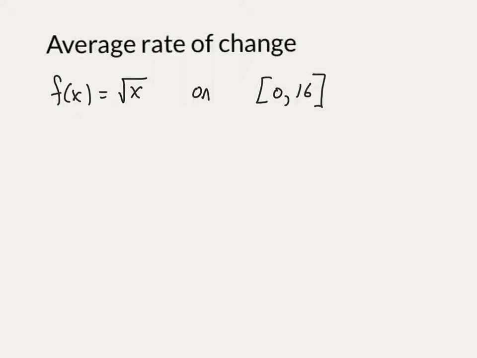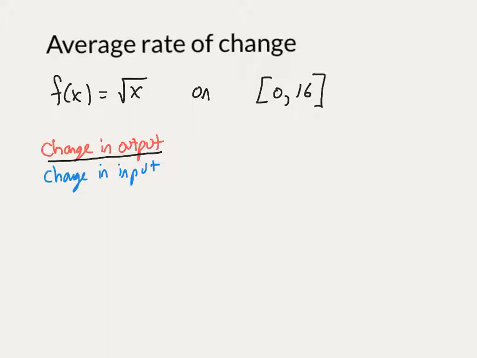All right, so when I'm thinking about average rate of change, what I always think about is what it means. If I remember that it's the change in output divided by the change in input, then this gives me some context to think about.